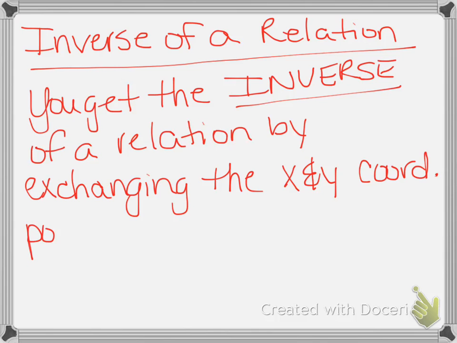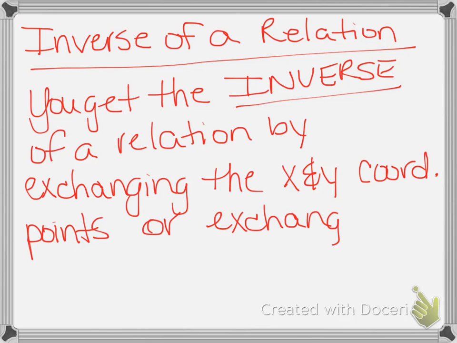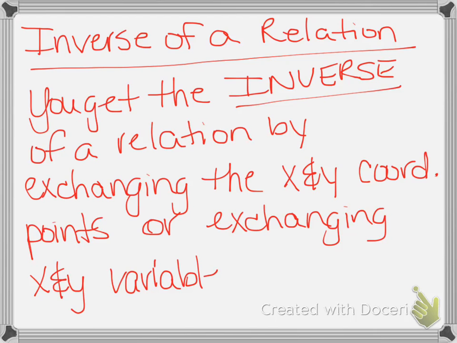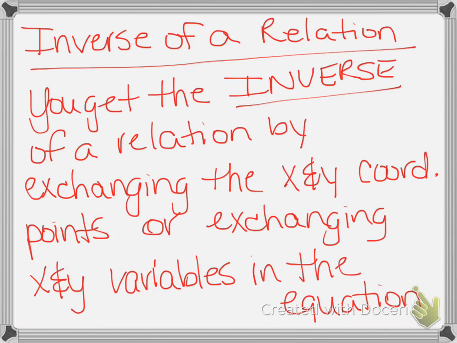Coordinate points, like we saw in that first example, or you can also get it by exchanging x and y variables in the equation. I'm sorry this looks like a little kindergartner wrote this, but I'm still getting used to this. So either way, you have the formal definition.